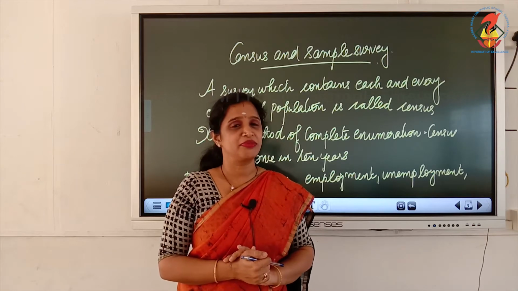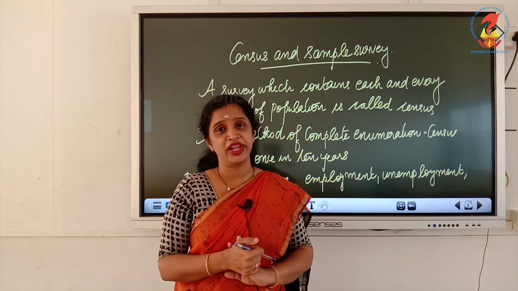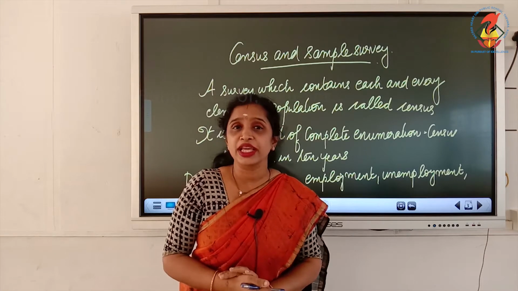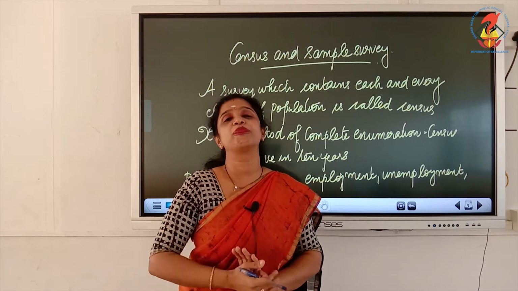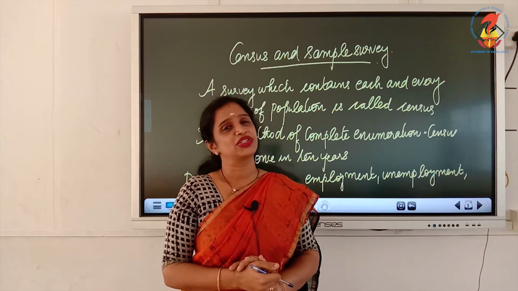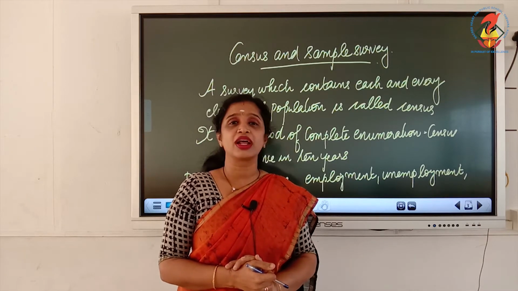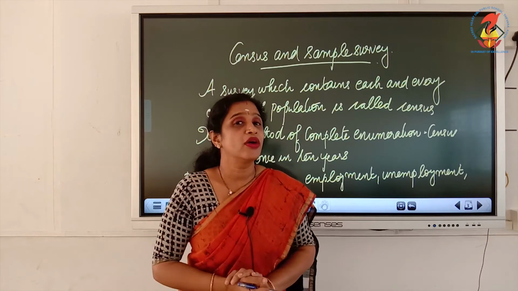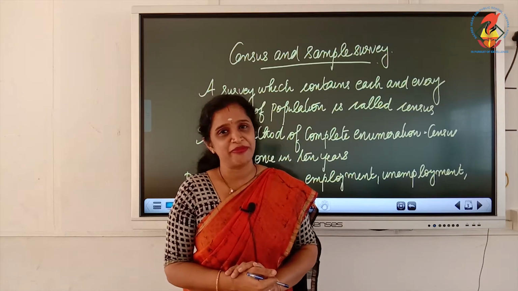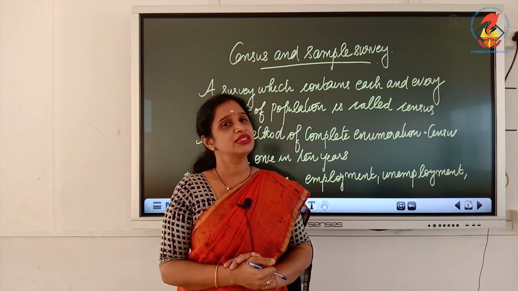So census means a study of population, a study of complete enumeration where each and every element of the population is taken into consideration. That means if there are 10 members in a family, the details regarding all the 10 members in a family will be taken for the census.